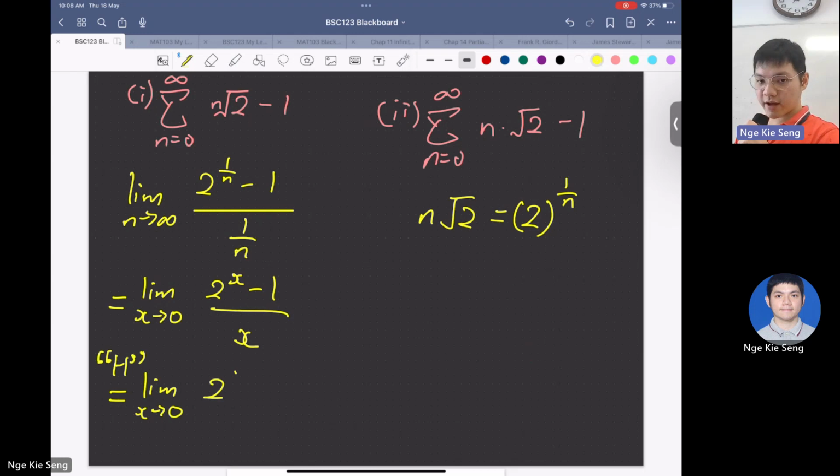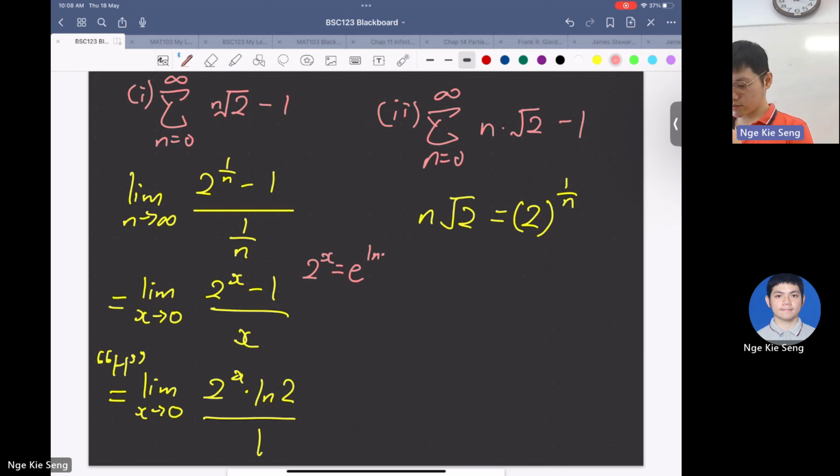You actually get 2 to the x times ln 2 over 1. If you are wondering how to get this, you can write 2 to the x equals e to the ln 2 to the x, and then e to the x times ln 2, and then you can differentiate.